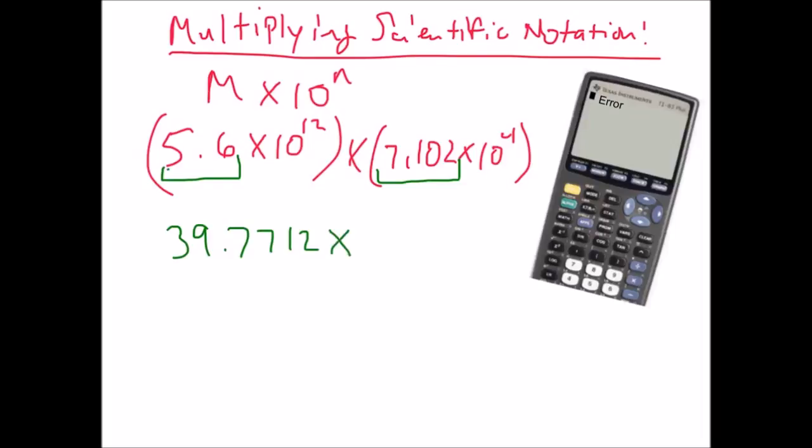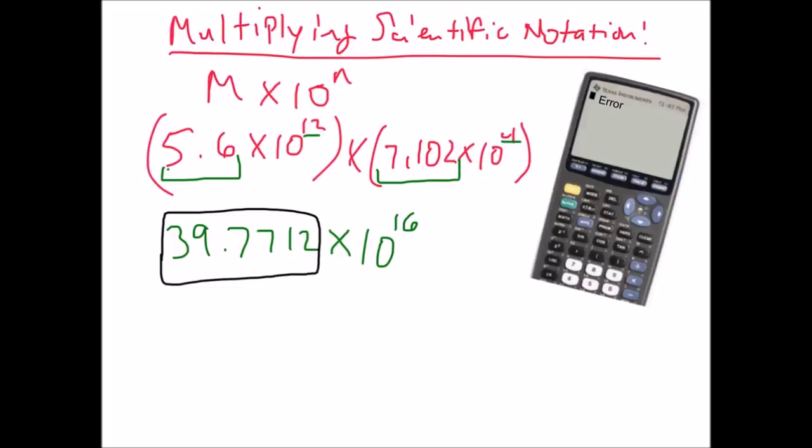Then you're going to put your times 10. The next step is to add their exponents together. So that gives us 16. Okay, now I told you previously that you cannot have an m that is not between 1 and 10, or 1 and 9.999, because then you're not on a base 10 scale anymore.